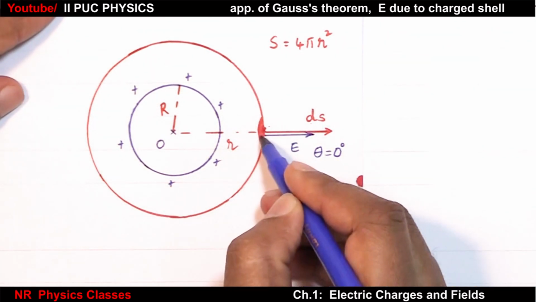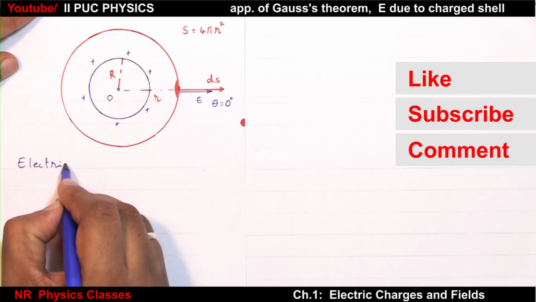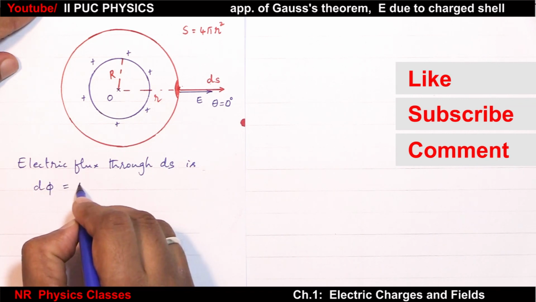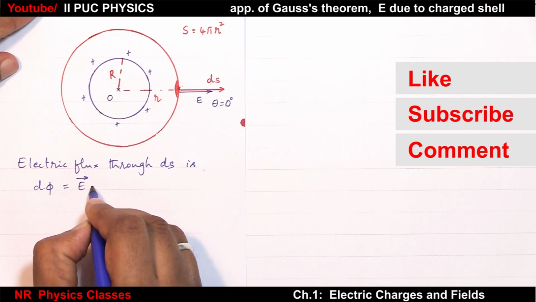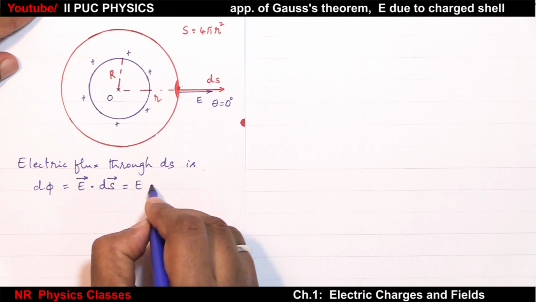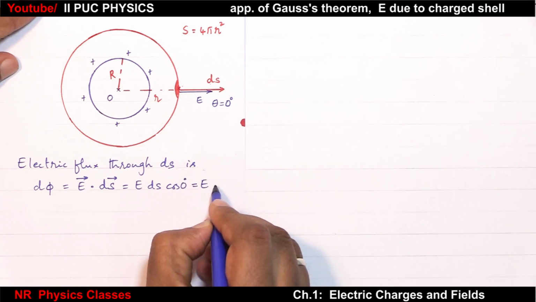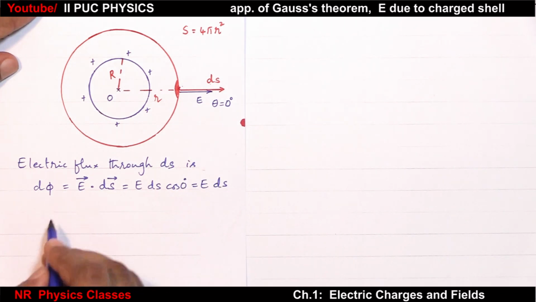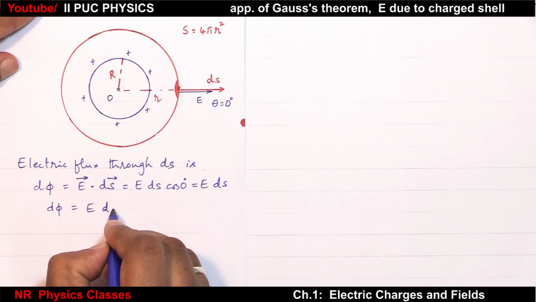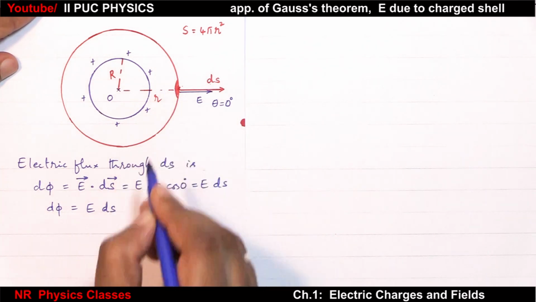Now, the electric flux through this small patch of area ds, denoted by d phi, equals electric field dotted with area vector, equal to E ds cos 0, equal to E ds. So d phi equals E ds, the magnitude of electric field times the magnitude of this area.